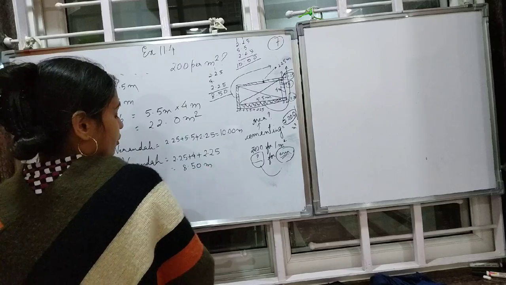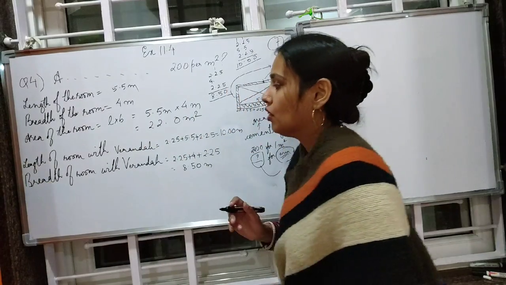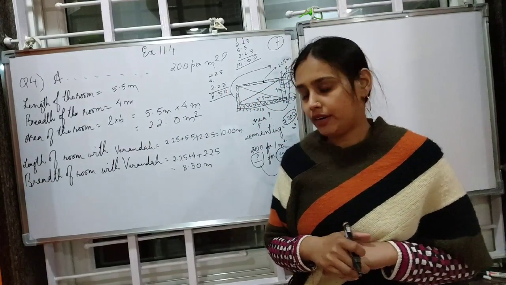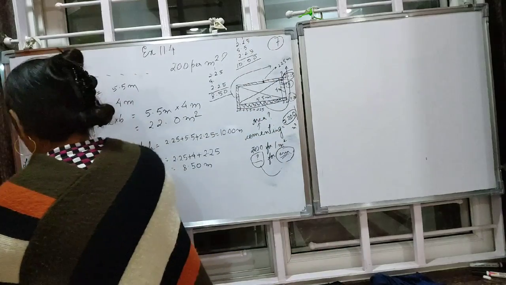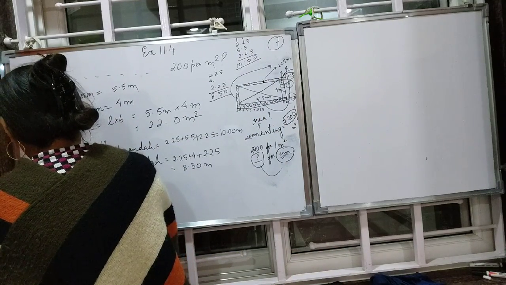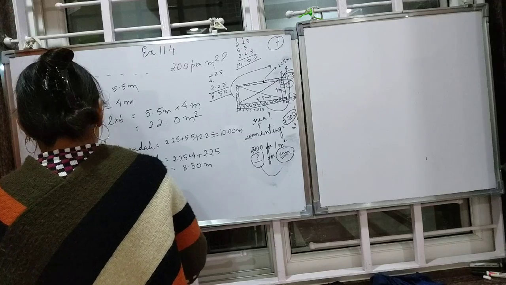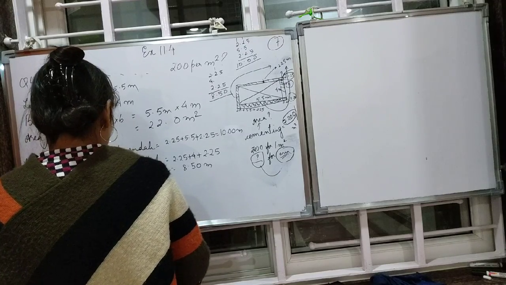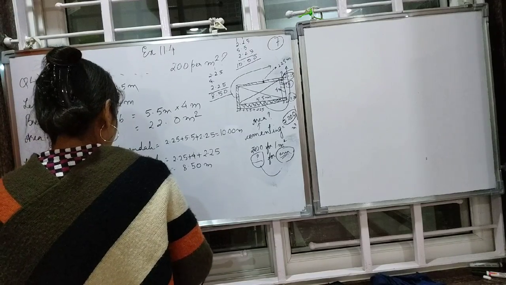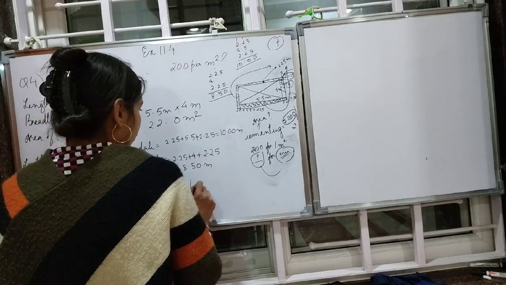Now we find the area of the room with veranda. That is length into breadth.